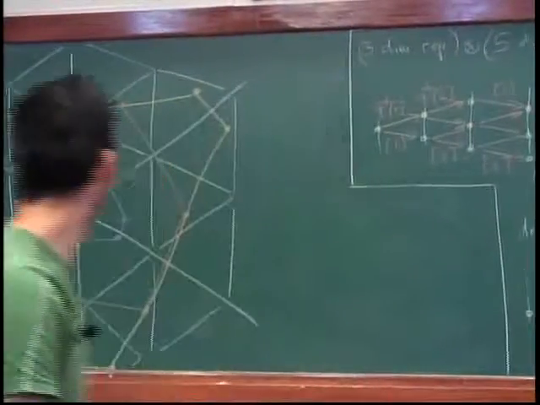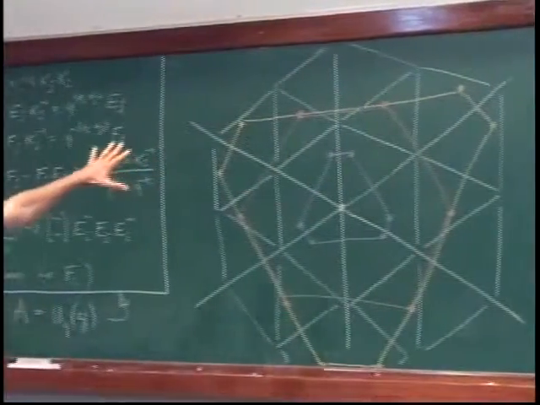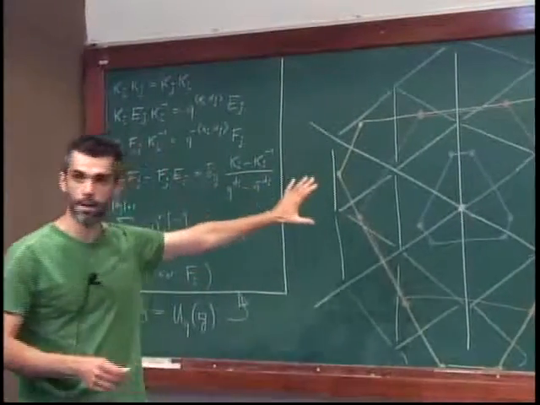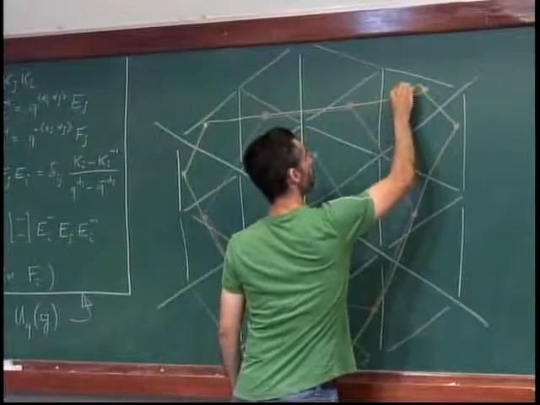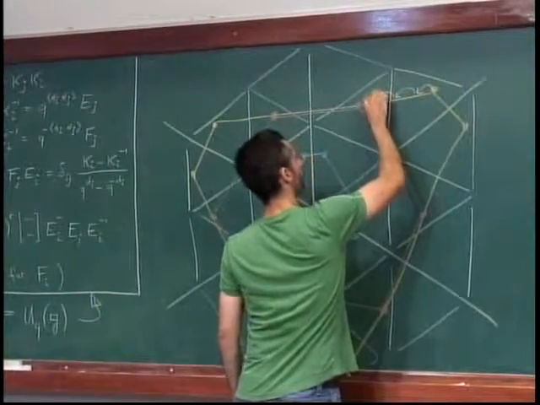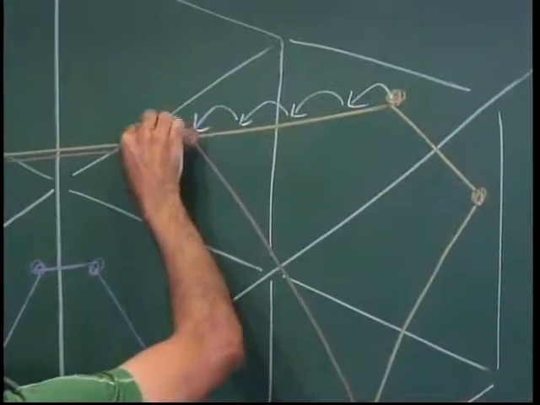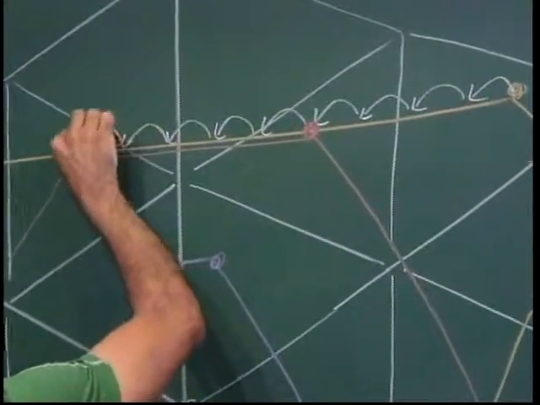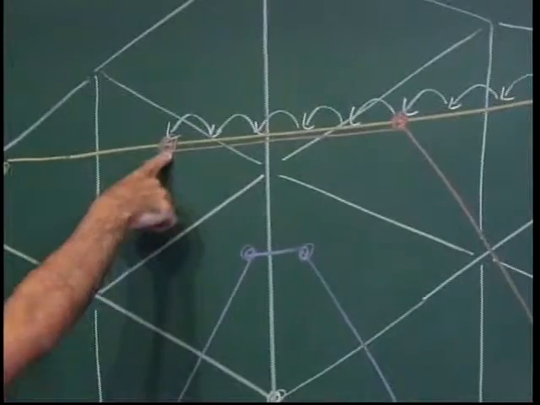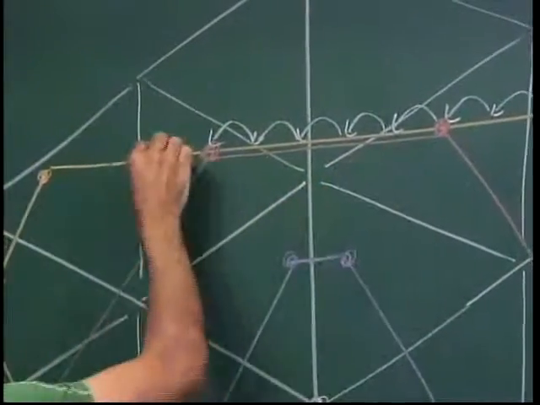Let me draw the raising and lowering operators a little bit on this picture so that you get a feeling of what's happening. So here we have lowering operators that go along this line. And here there's a gap. Once you're in here, you cannot exit.